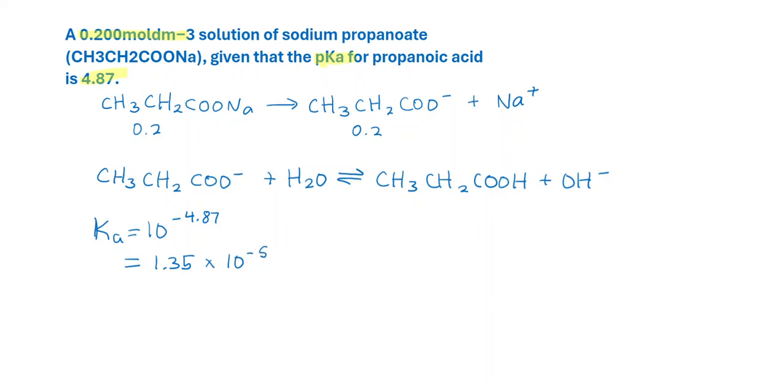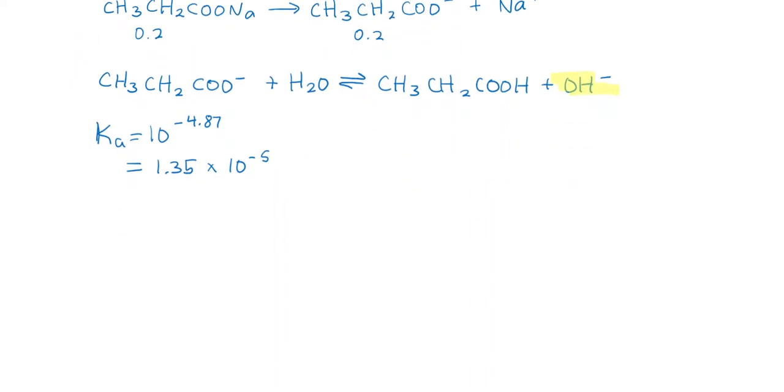And then again, we see that we have OH here, so we need to use the Kb formula. And to find Kb, it's just the Kw of water over Ka, and then this should be 7.41 times 10 to the minus 10, and that's Kb.